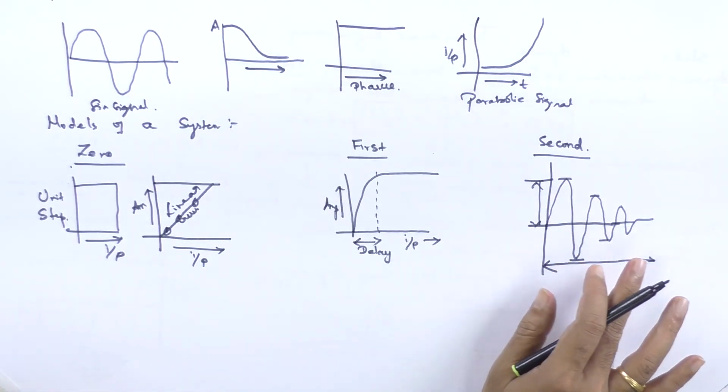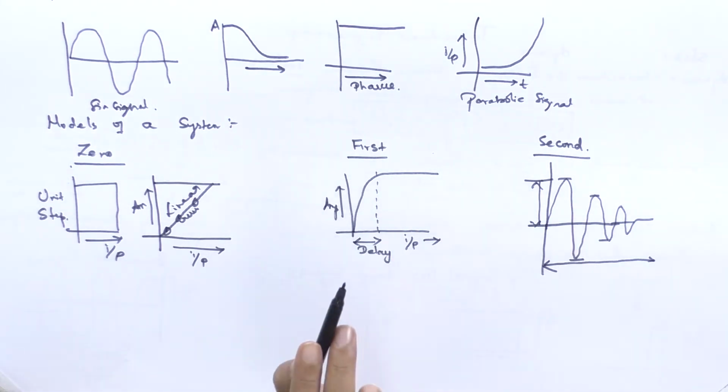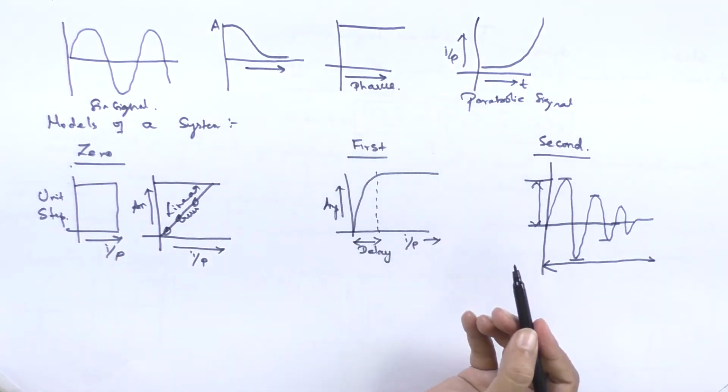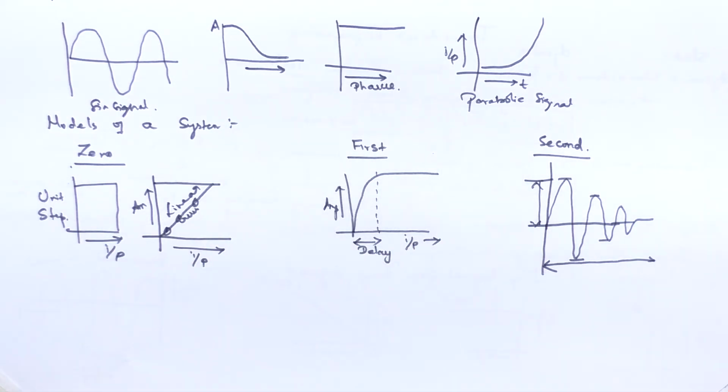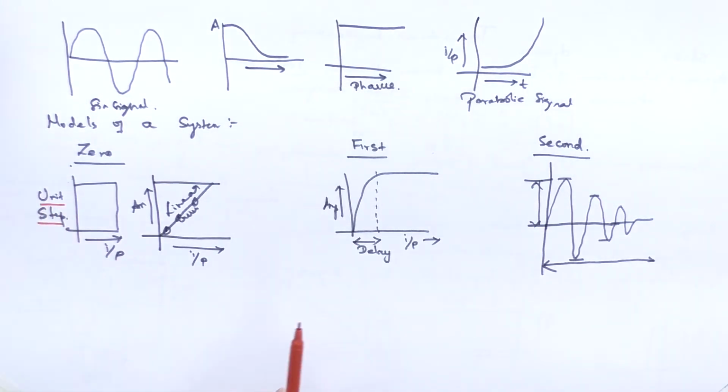So these are the different kinds of systems, zero order, first order and second order, and how they react to a unit step. All these have reacted to your unit step input.